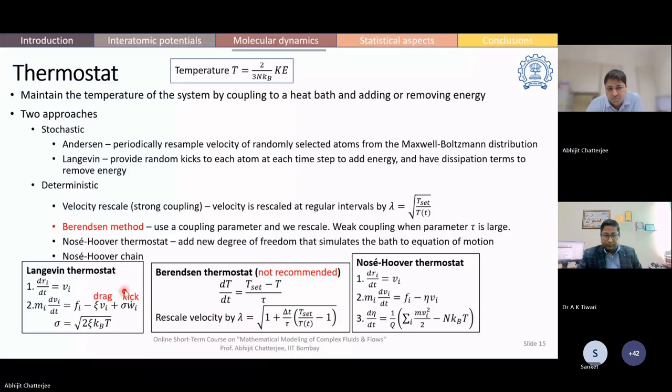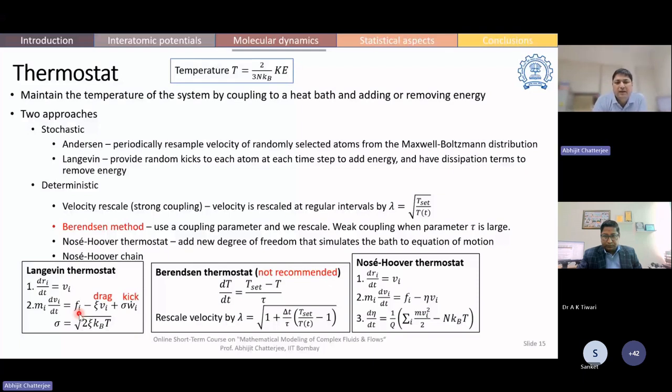And there will be an additional stochastic kick term, which will push the atoms in random directions. And so this is to impart the energy. So the kick term will increase the velocity of the atoms, whereas the drag term will work towards reducing the velocities, and together they will ensure that the correct temperature is achieved.